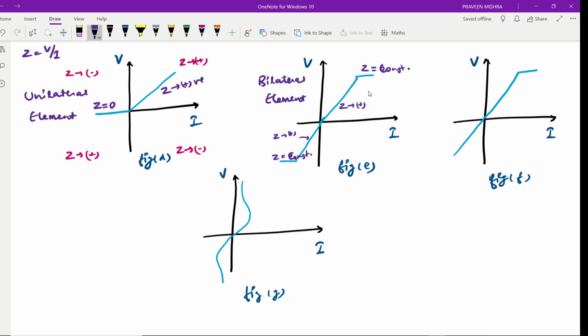Okay. And here in this case Z is constant. Here Z is positive, here also Z is positive. It is not offering the same impedance in all directions. That's why it will be a unilateral element.